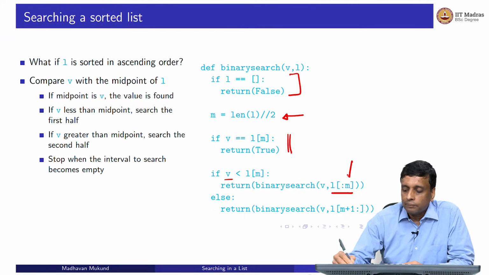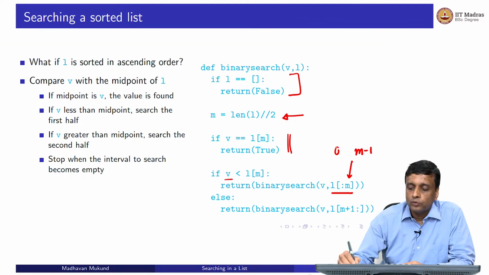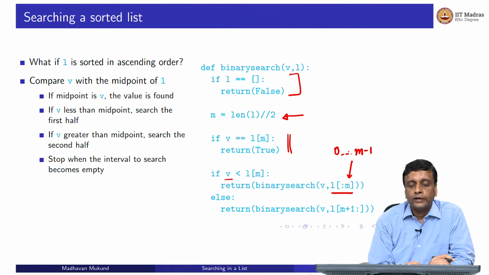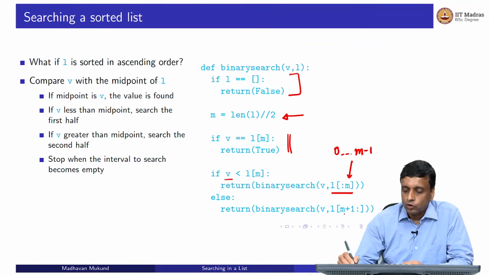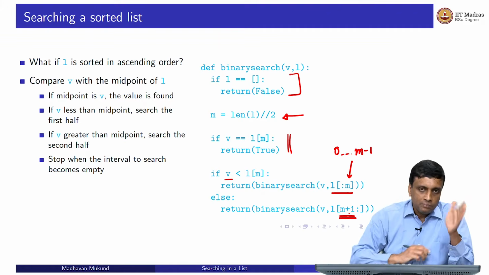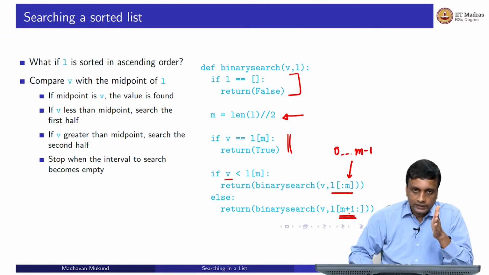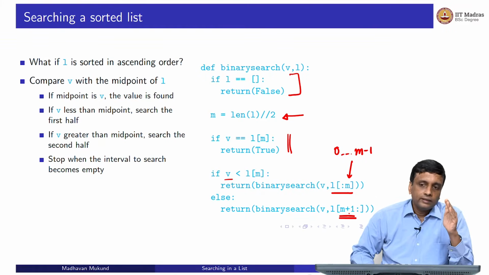So remember, in Python this will go from 0 to m minus 1 and not hit m, which is the midpoint which we have already seen. Otherwise, if it is not smaller, it is bigger, and then I want to start beyond the midpoint. So m is the midpoint, which I have already checked, so I go to m plus 1 till the end of the list.